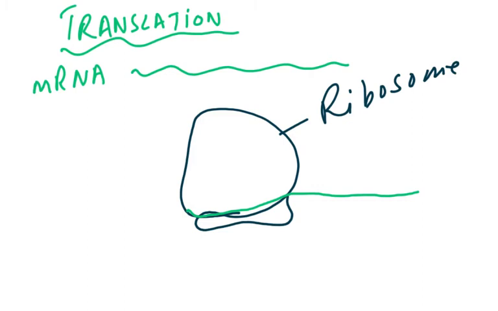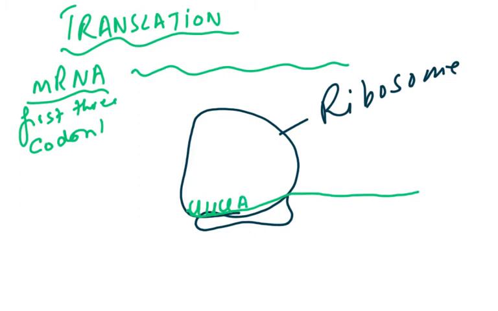Now whatever is written on the mRNA, let's suppose that the first 3 letters were U, U, U. Now these first 3 letters on the mRNA are called codon 1. And then there's another codon, so that's codon 2, and then another codon. So we have codon 1, codon 2, this is just to make you understand it, and codon 3.